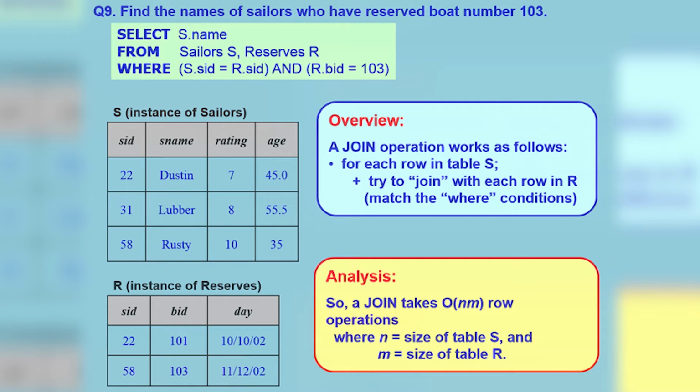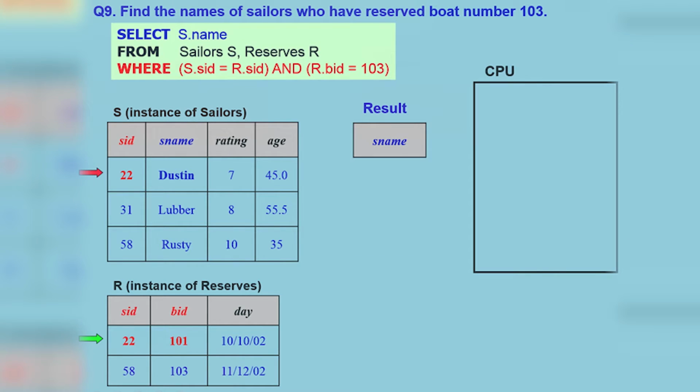A join takes N times M row operations, where N is equal to the size of table S and M is equal to the size of table R. The result table will have one column, name.